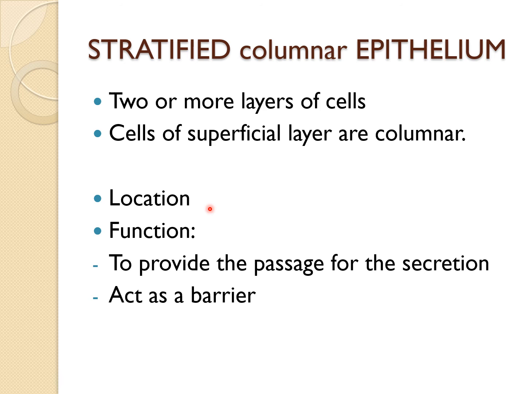Its main function is to provide a passage for secretions and act as a barrier. Like all stratified epithelium, it is protective in function and also helps in conducting the secretion of the gland.